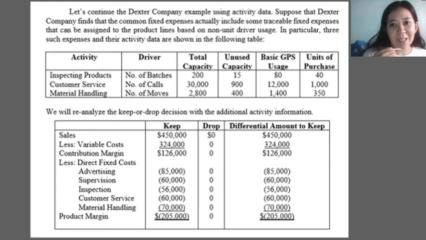So if there is added cost on the part of basic GPS, we also add their costs and expenses, and therefore the negative product margin. So it's still the same; in this case, we just see that it will have a greater loss. So it is better for the company to actually drop the basic GPS. Okay, so that's for the keep or drop decision.